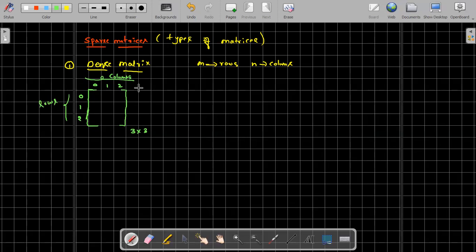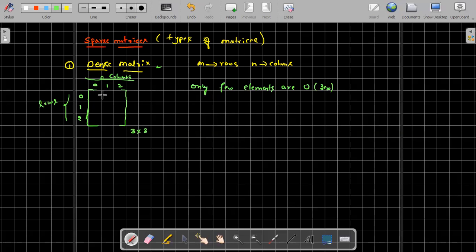Basically, why do we call this a dense matrix? Because in this matrix only a few elements are zero.